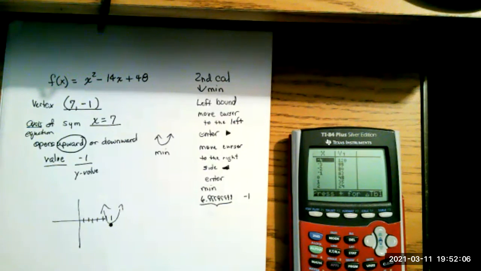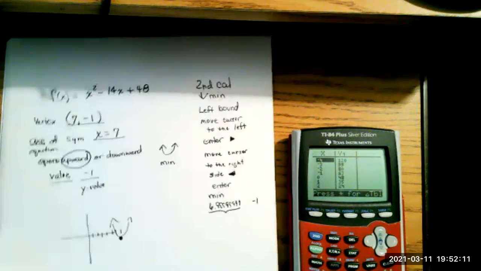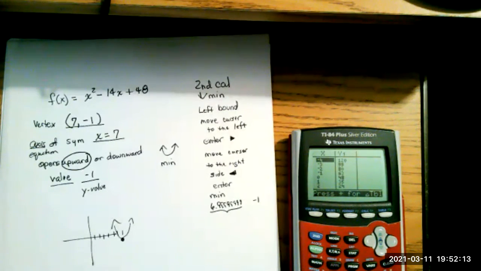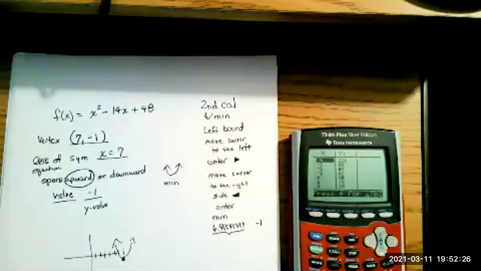Okay, let's see if we can get another one in. Let's see if we've got it right. See if there's any that's going to throw you for a loop here. Yes, here's one that will. Let's try this one. This is number 9.